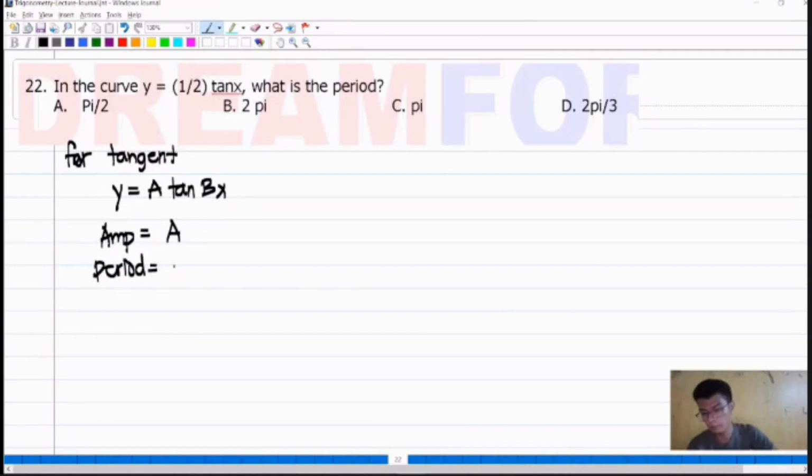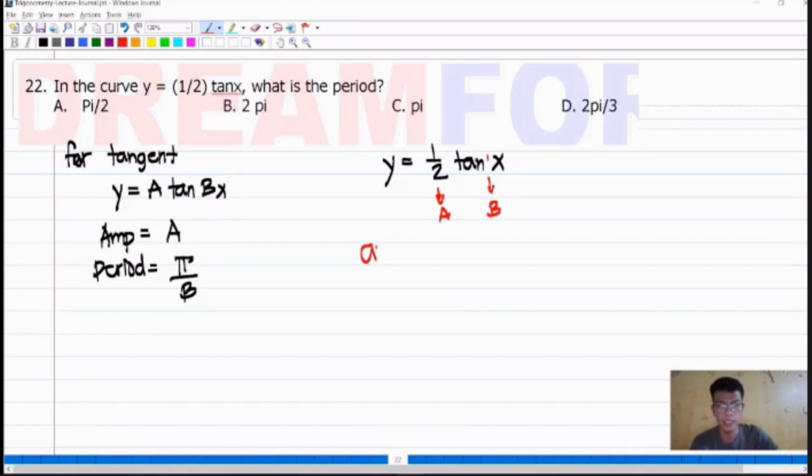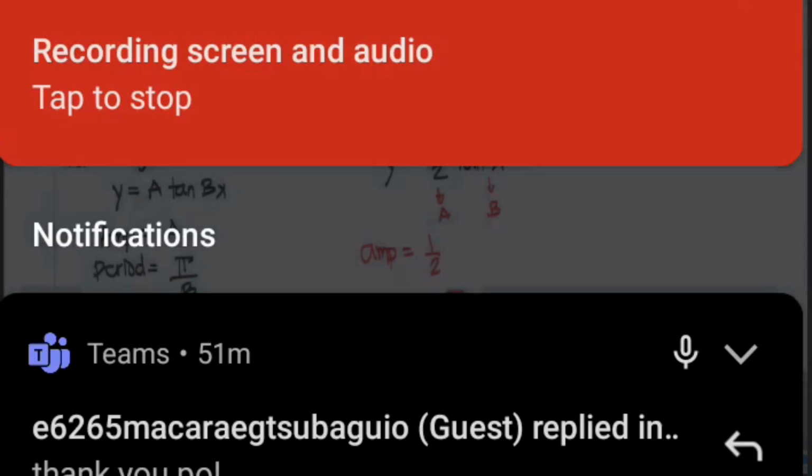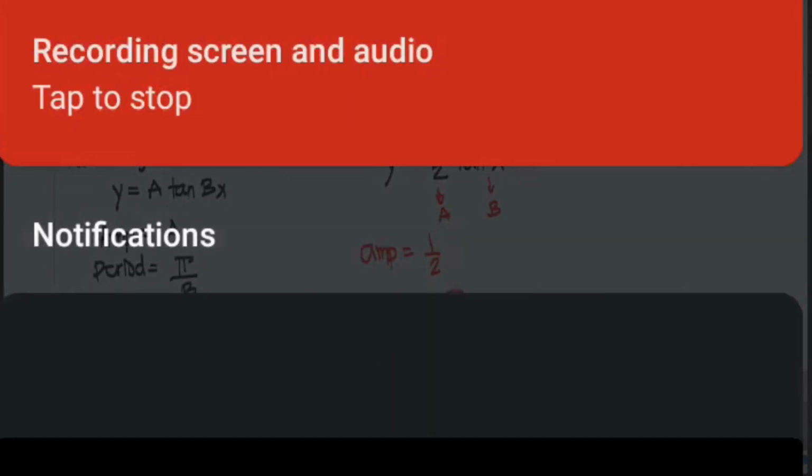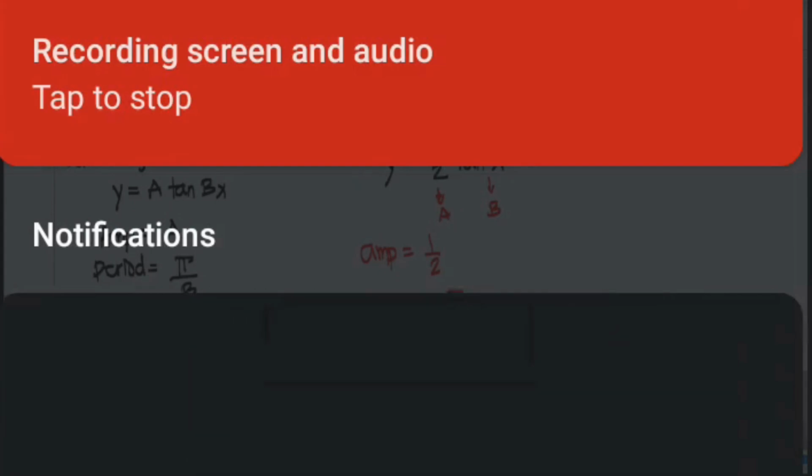The period will be pi over b. So from the given, y is equal to 1 half tangent x. So this is the value of a, and yung 1 naman is the value of b. So solving for the amplitude, that will be equal to 1 half, but the period will become pi over 1, or simply pi, dahil ang b natin ay 1. So the answer is letter C.